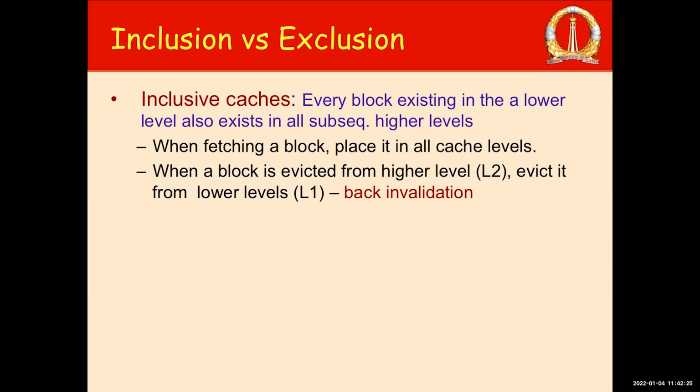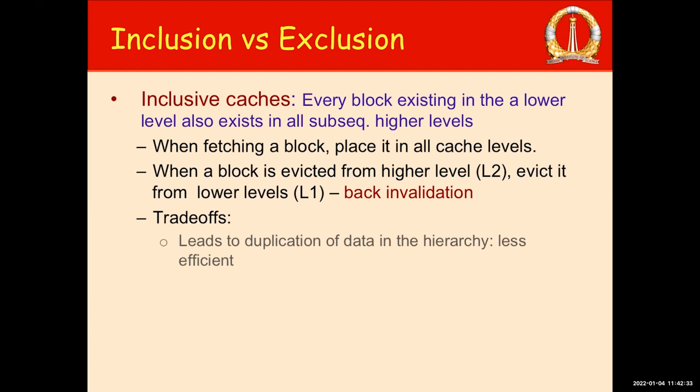It's easy when you want to implement cache coherence protocols, but there are certain disadvantages also, because to maintain inclusiveness, you have to invalidate certain lines from the cache, and inclusiveness also means that you are not utilizing all the cache space effectively. Think of inclusion this way: every level is actually a subset of the next higher level. So L1 is a subset of L2, L2 is a subset of L3, and so on. Therefore, your effective capacity is only that of L3.